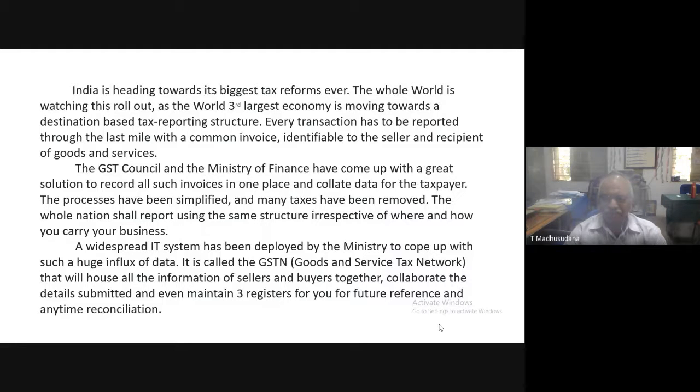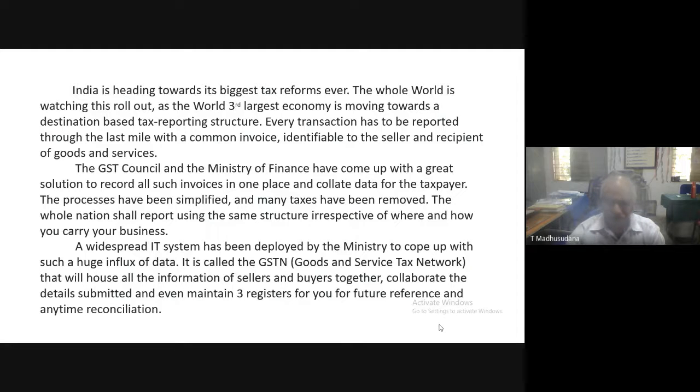Every transaction has to be reported through the last mile with a common invoice identifiable to the seller and recipient of goods and services. The GST Council and the Ministry of Finance have come up with a great solution to record all such invoices in one place and collate data for the taxpayers.